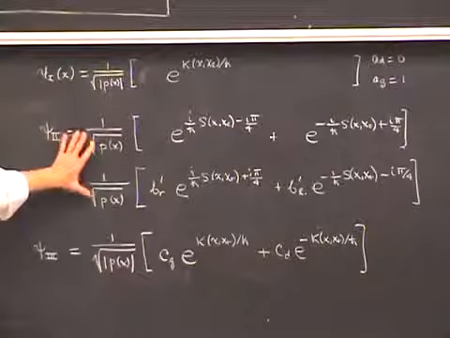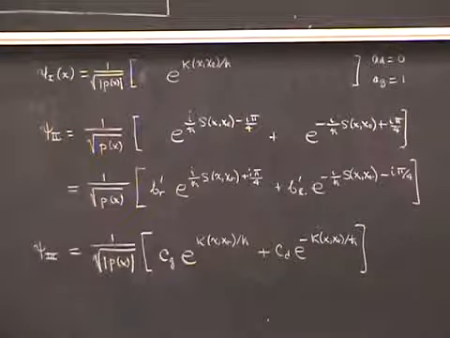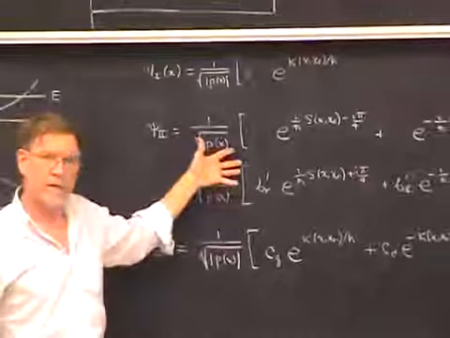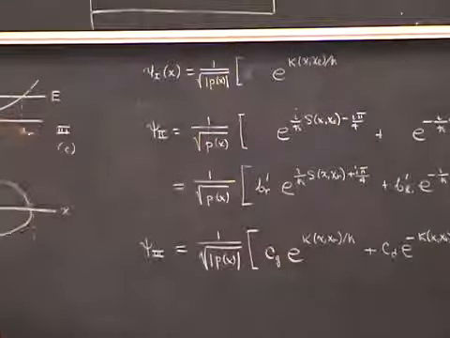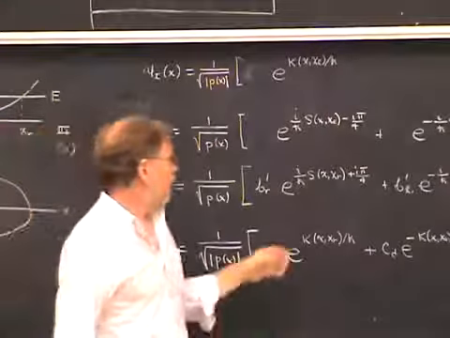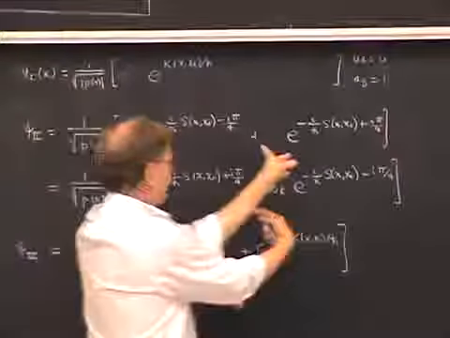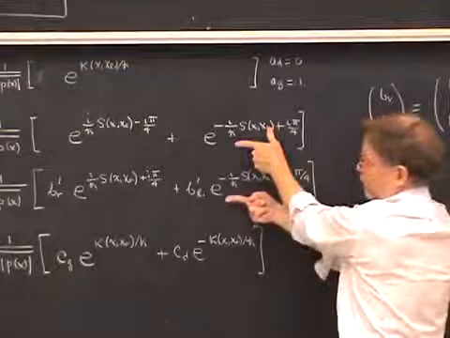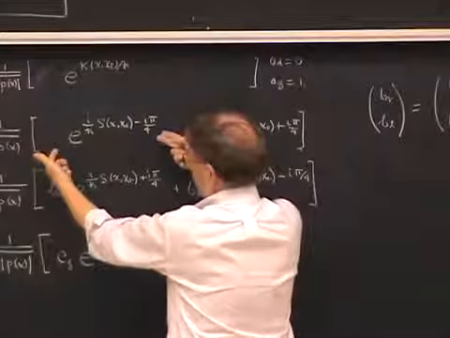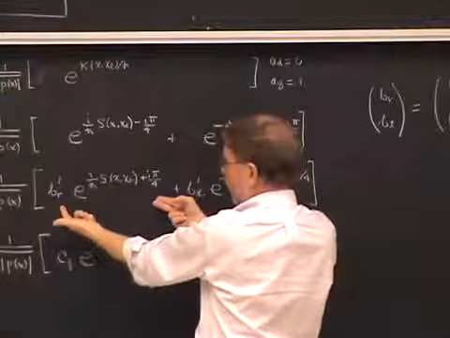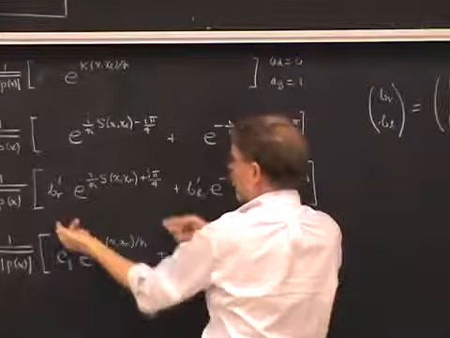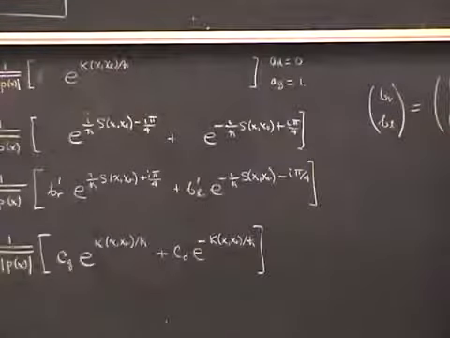Now these two expressions for the wave function in the classically allowed region 2 have to be equal to each other. There's only one solution there. And moreover, the two right traveling waves and the two left traveling waves have to be equal too. So this entire term up above must be equal to the term below, and that allows us to solve for D_R prime. Let me show you how this is done.